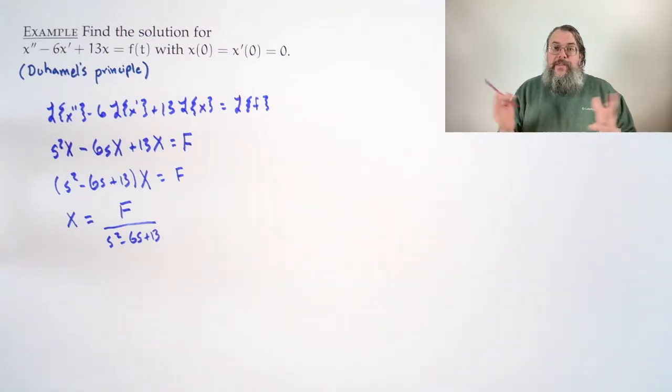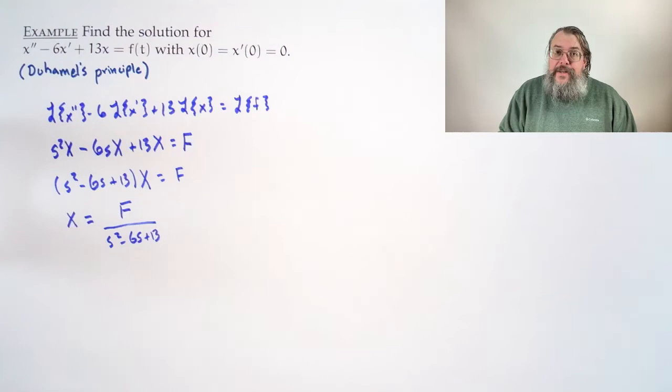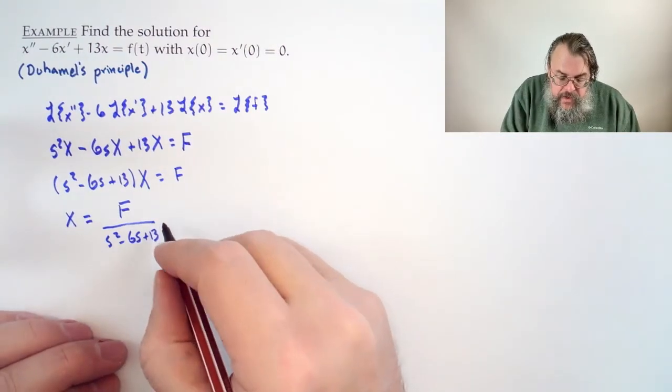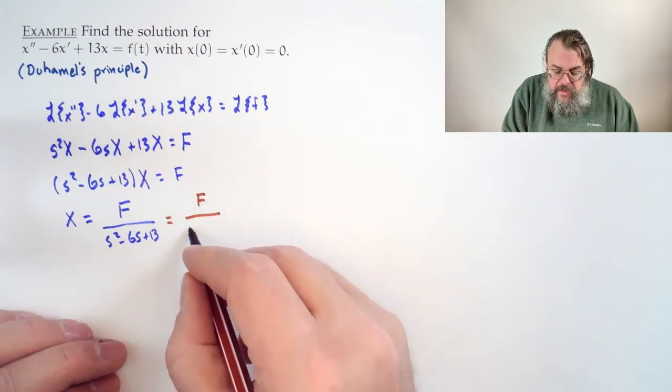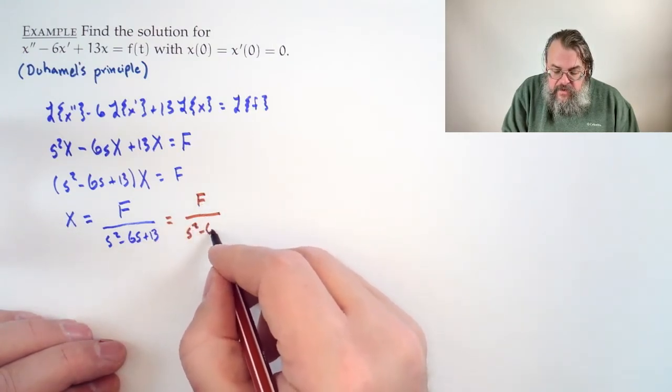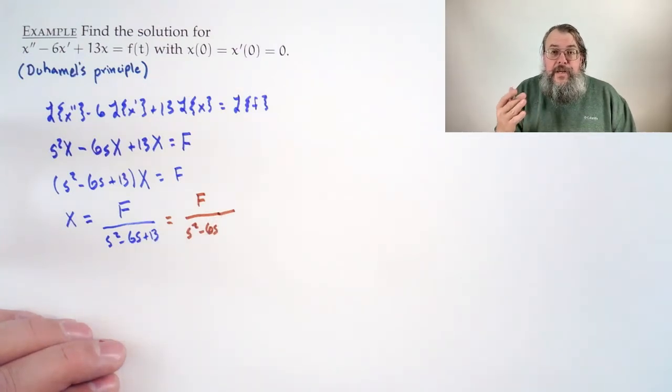Well, one thing is, let's clean up that denominator. Does it factor? I don't really see a good way to factor. Does it have a nice complete the square? Let's find out. So this would be capital F upstairs still. And then we have s squared minus 6s. And then we ask the question, what do we need?